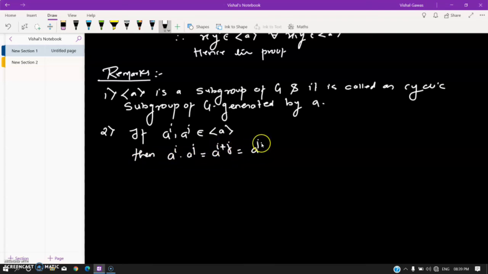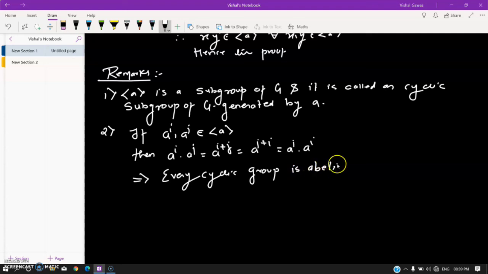Which is the same as A^(j+i), which is A^j times A^i. So what does this prove? Every cyclic group is abelian. The converse is not true. We would see this in the next chapter.